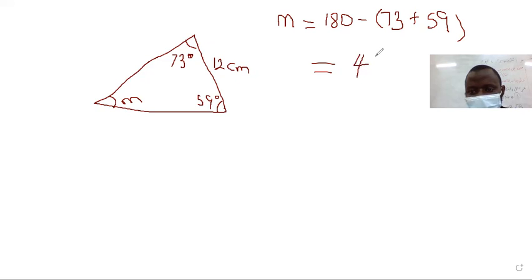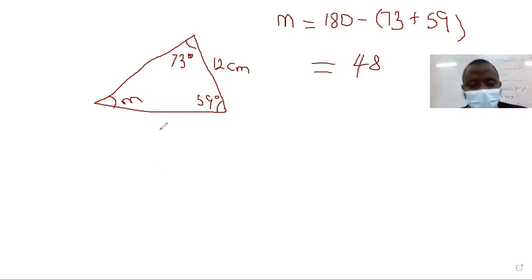It means that that angle is 48 degree. Beautiful. So we know our angle M now.